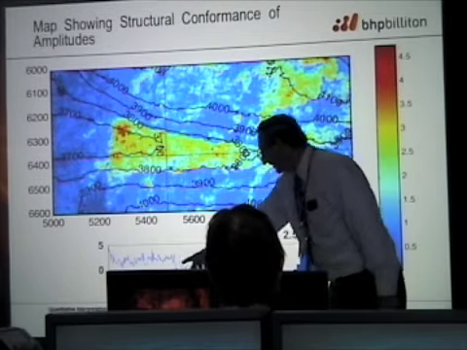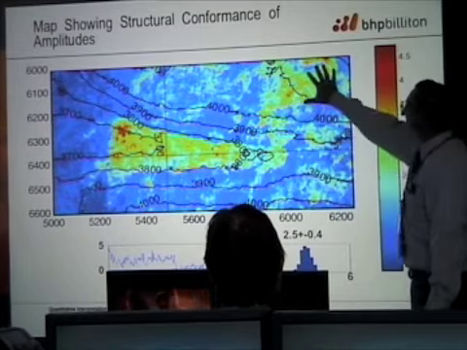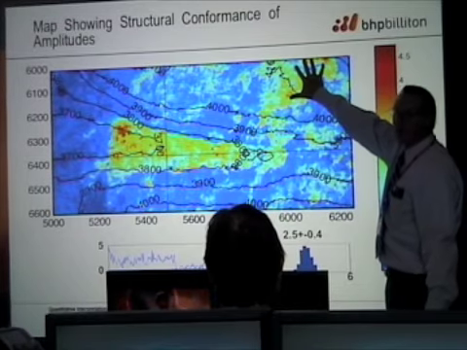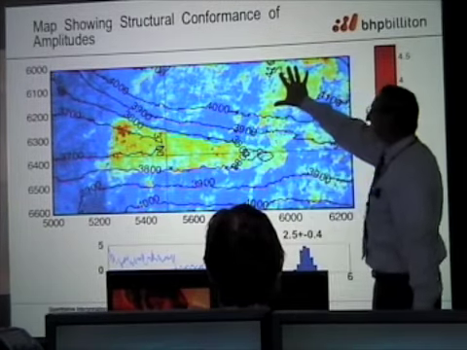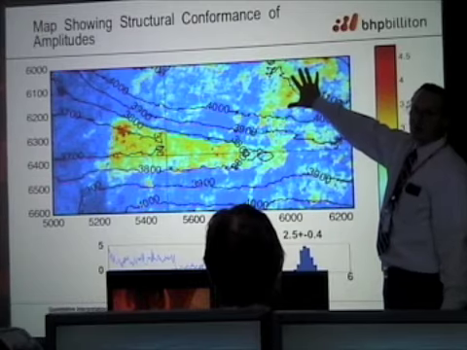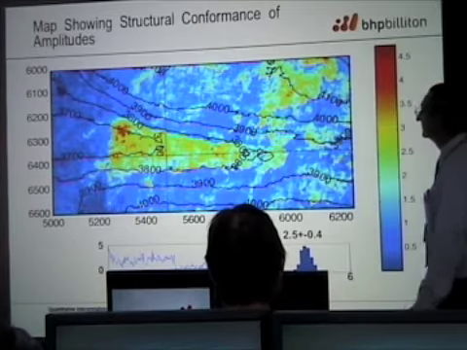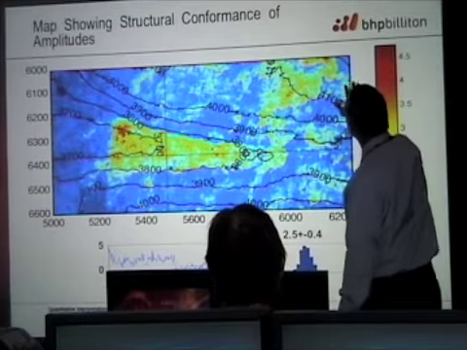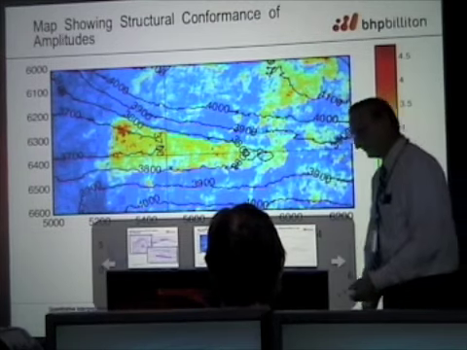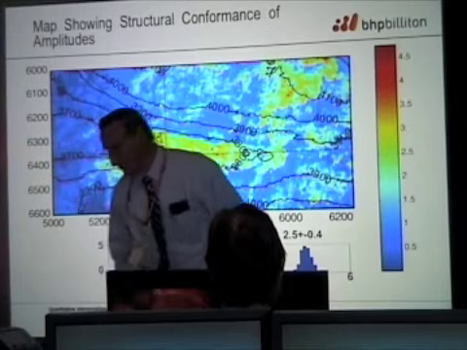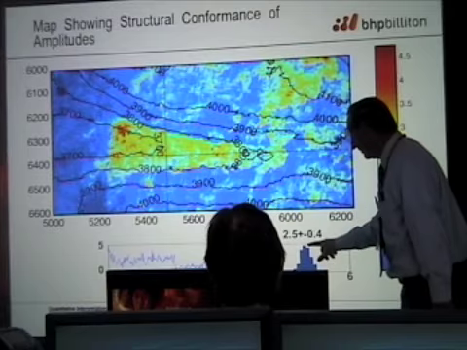This is a plot of amplitudes in some transect. This over here has high amplitudes, but it is perhaps a stratigraphic variation in the rock character. It has no structural component. And this over here is just a plot of the mean amplitudes.